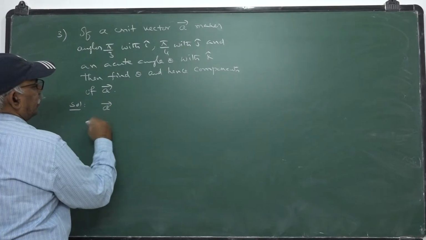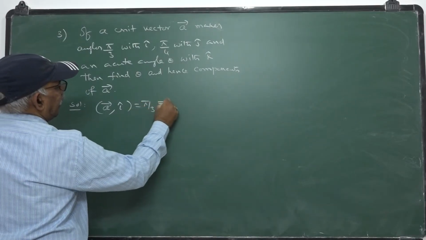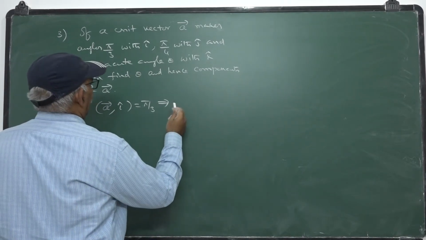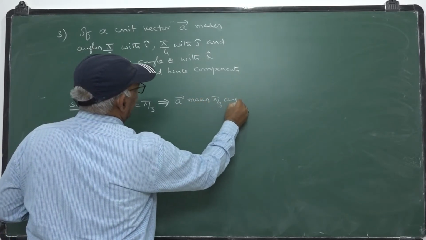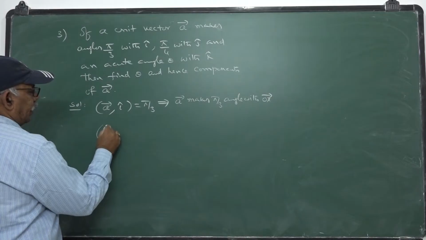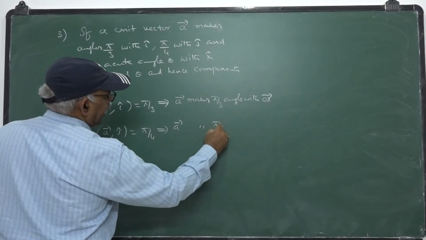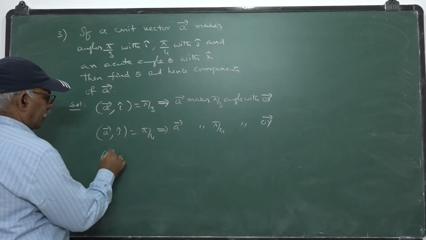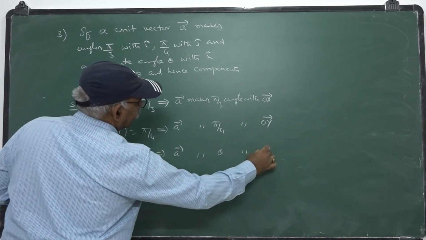So a bar makes pi by 3 angle with OX, a bar makes pi by 4 angle with OY, and the angle between a bar and k is theta, which implies a bar makes theta angle with OZ.